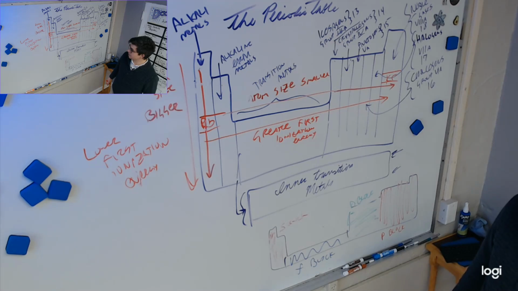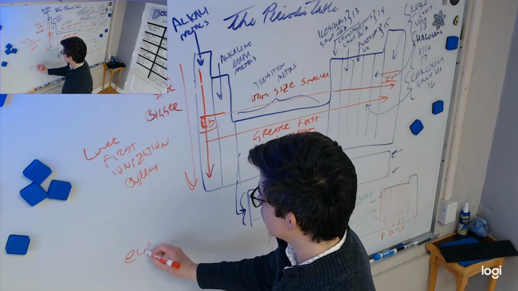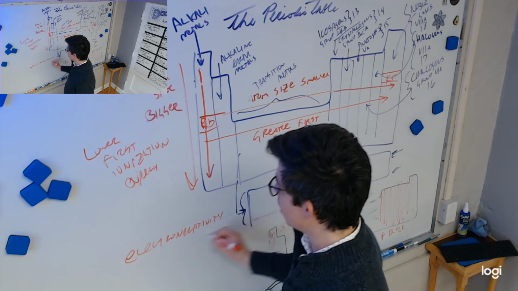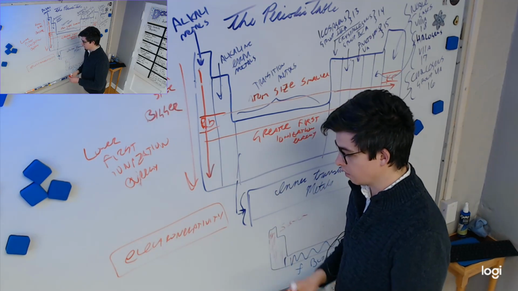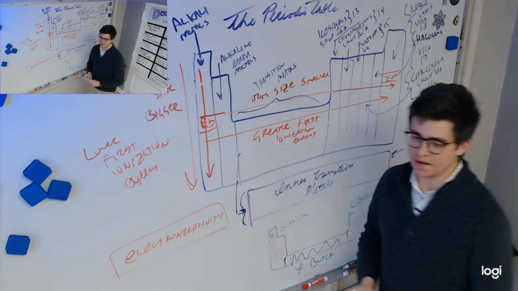And then the final thing we talk about for periodicity is electronegativity. This one is a lot more frequently used later on in the book and later on in chemistry than ionization energy. It's almost like the exact opposite of ionization energy.